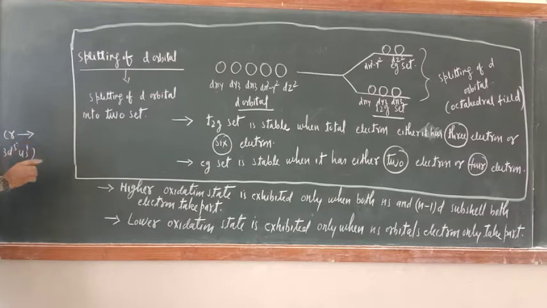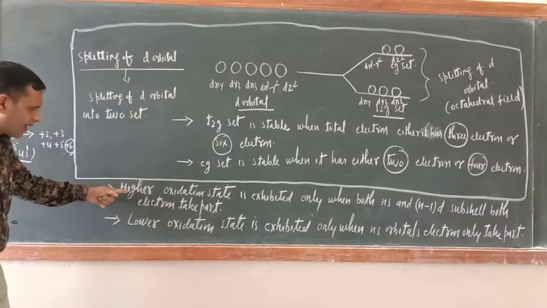How many oxidation states is it exhibiting? Plus 2, plus 3, plus 4, plus 5 and plus 6. For exhibiting plus 6 oxidation state, the 3d electrons should also be lost and the 4s electron should also be lost. Then only it will exhibit the plus 6 oxidation state.